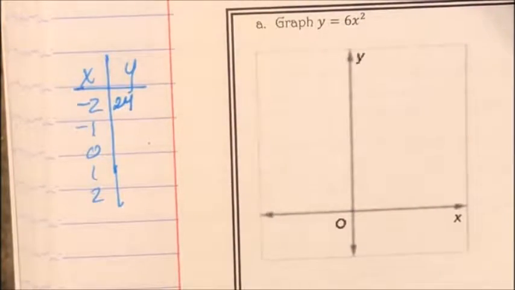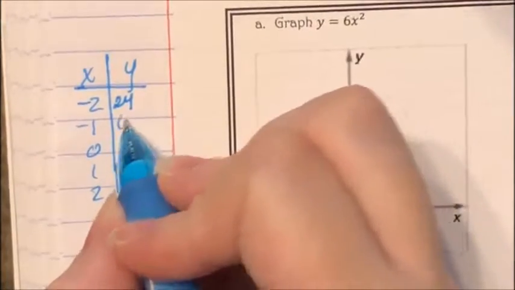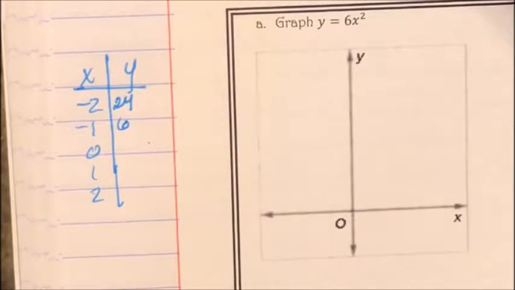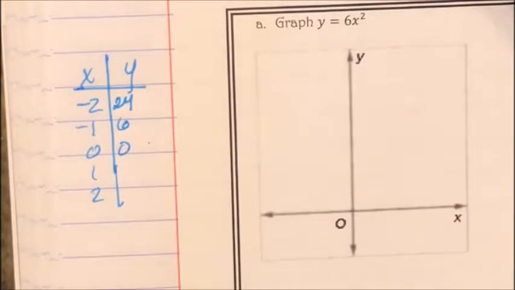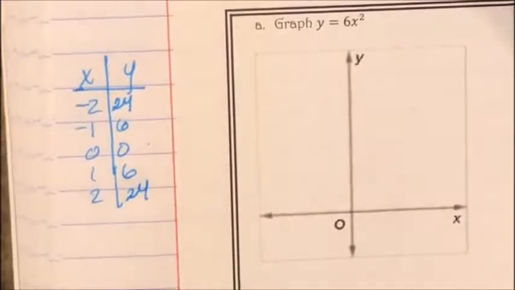Okay. -1 squared is 1. 1 times 6 is 6. 0 squared is 0 times 6 is 0. 1 squared is 1 times 6 is 6. 2 squared is 4 times 6 gives me 24.